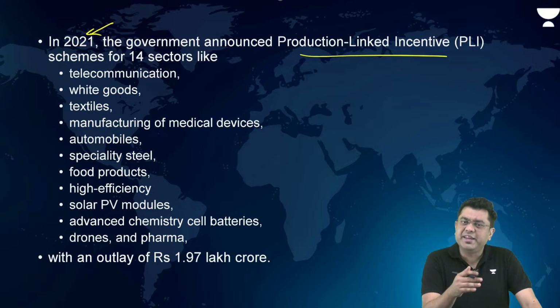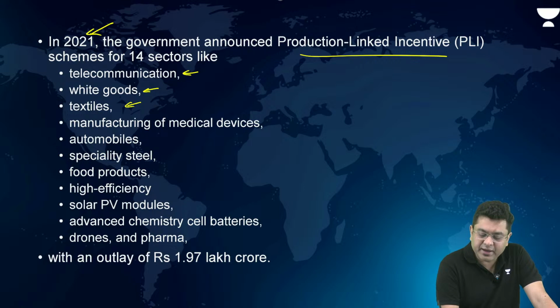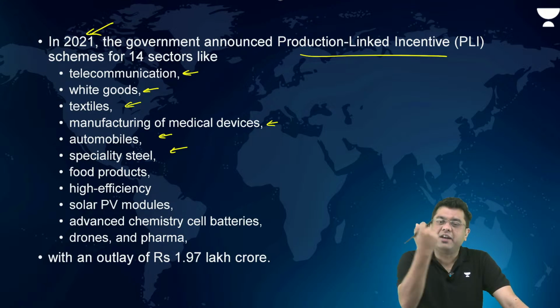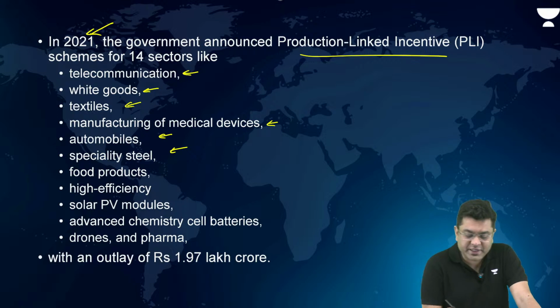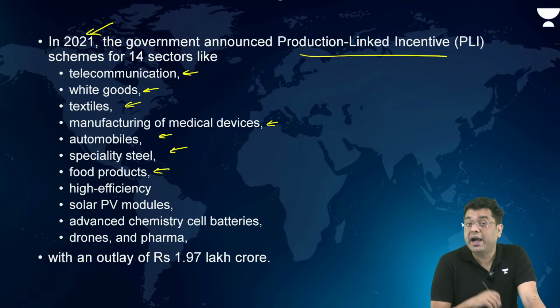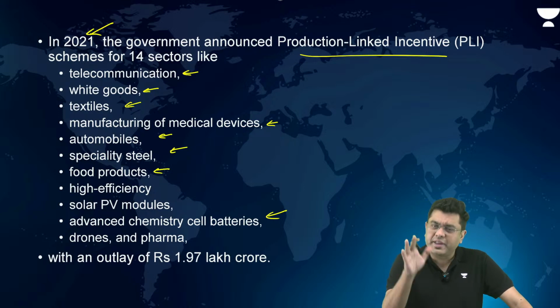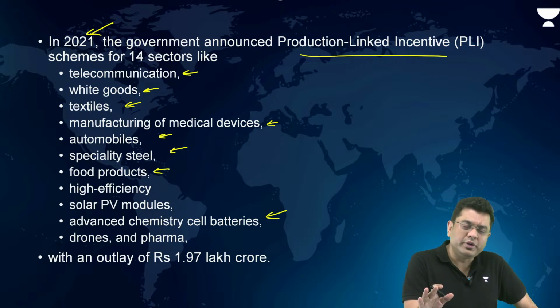Now, there are various different sectors which are included in the PLI scheme: telecommunication, white goods, textiles, medical devices, automobiles, specialty steels, like the steels which are used for, let's suppose, the frigates that we talked about, the destroyers that we talked about, they require a specialized kind of steel, food products, right? High efficiency solar PV modules, advanced chemistry cell batteries, all of them are included under the PLI, where the incentive is given by the government to these industries.